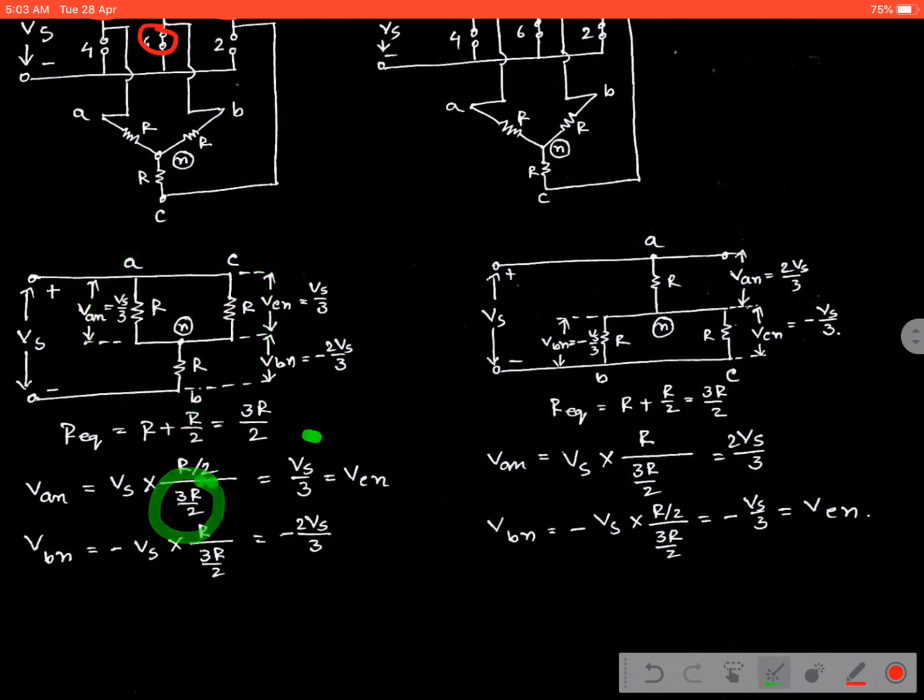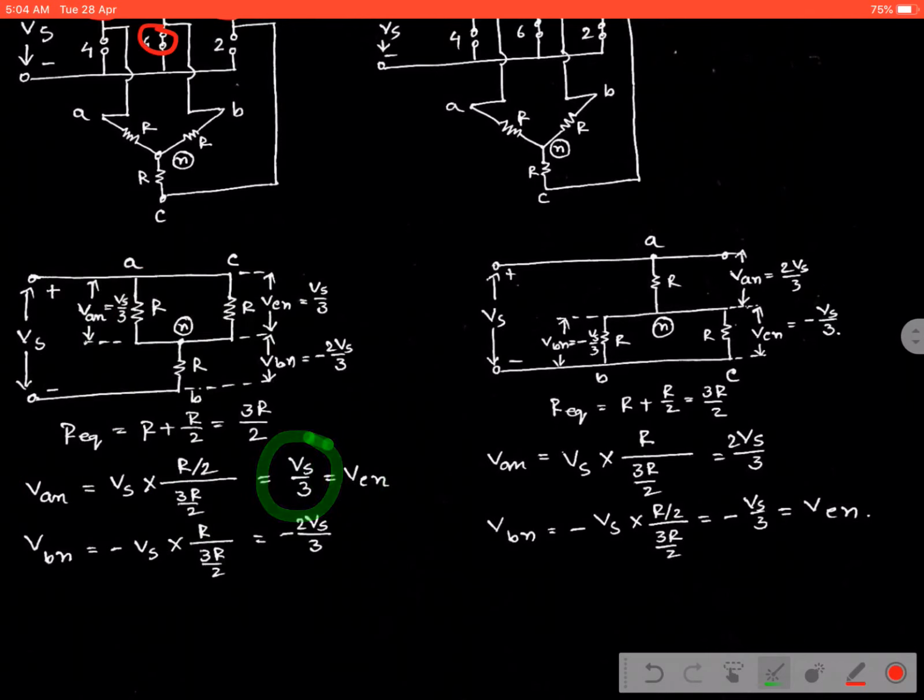That will give you Vs by 3. As VCN and VAN are both the same in magnitude, VAN equals VCN, and the voltage magnitude is Vs by 3.